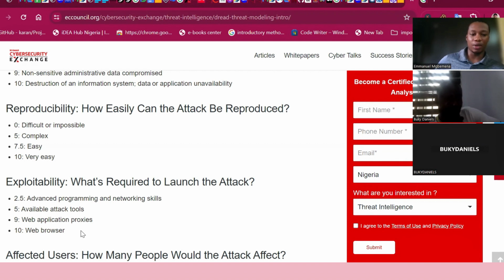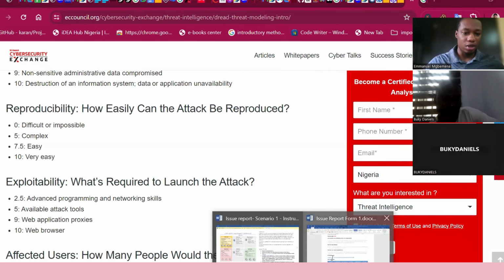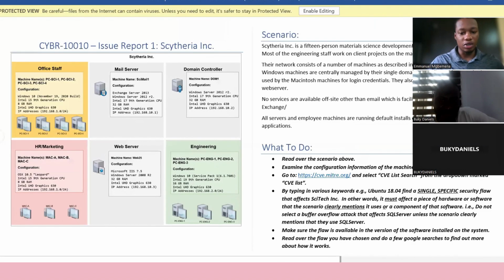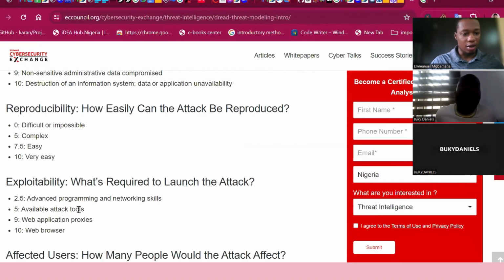9 and 10 talk about a web browser. I don't think we are interfacing with a web browser for this escalation of privilege. So I think the rating should be 5 for that one. Again, this could differ. The fact that we chose 5 does not mean someone else cannot choose 2.5. Different people rate differently.